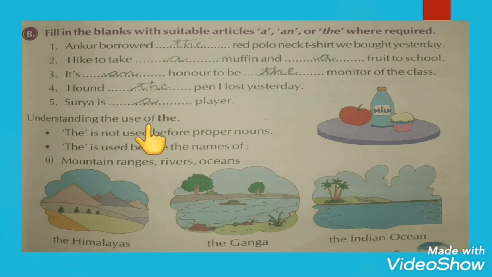Understand the use of the. The is not used before proper nouns. The is used before the names of mountain ranges, rivers and oceans. Before unique things or a particular thing we use the.